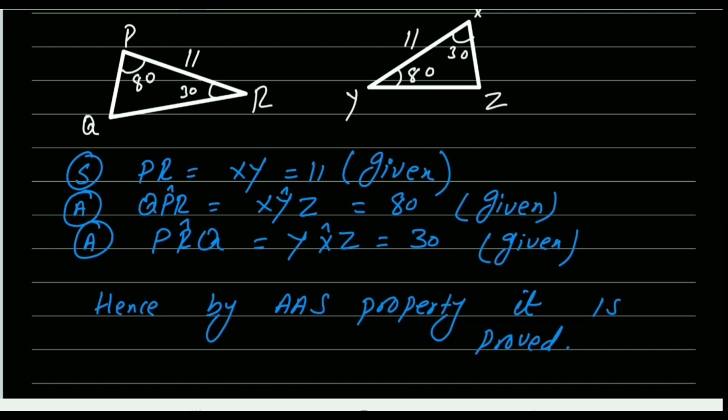So this is the way you can prove two congruent triangles with the help of angle side. Okay, so the last property is RHS.